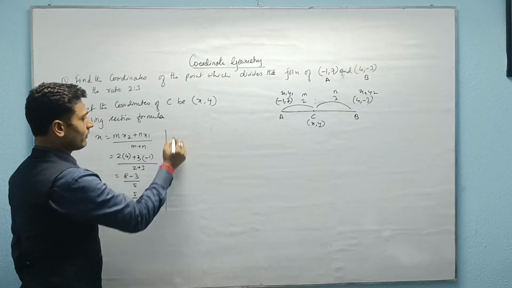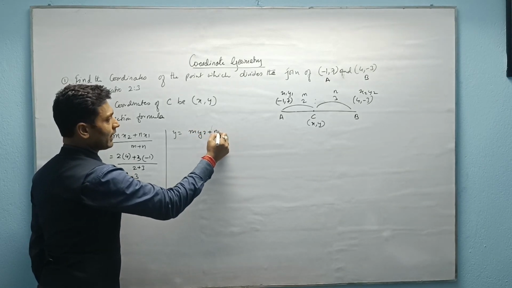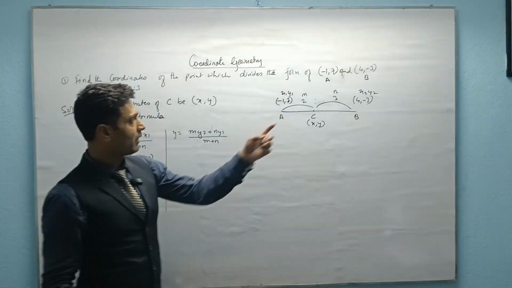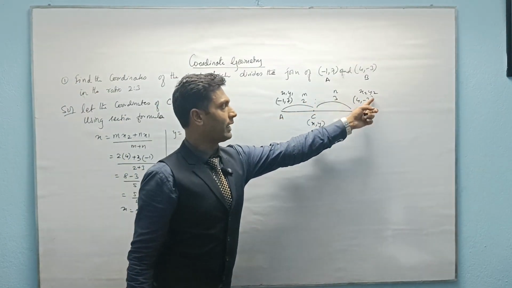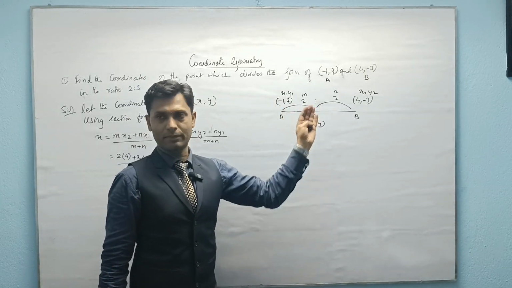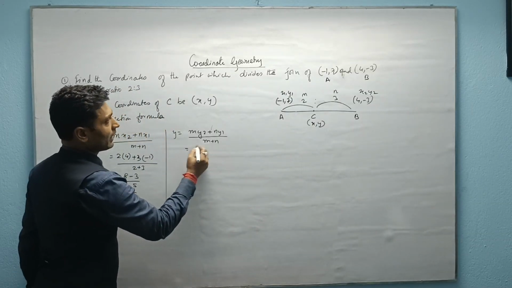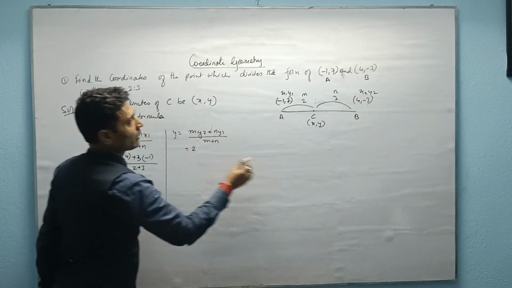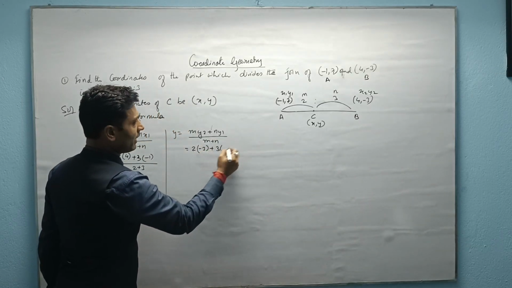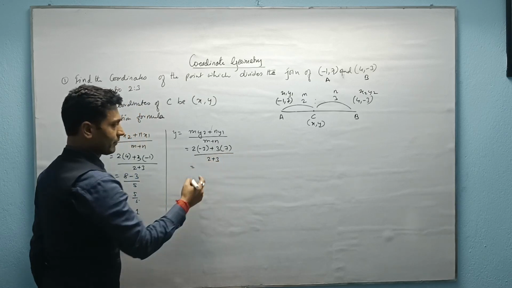Likewise, we will find the value of y. y is equal to (my2 plus ny1) divided by (m plus n). It's very simple to remember: m into y2, n into y1, divided by m plus n, that's the total ratio. m is again 2, y2 is -3, plus n is equal to 3 and y1 is 7, divided by 2 plus 3.